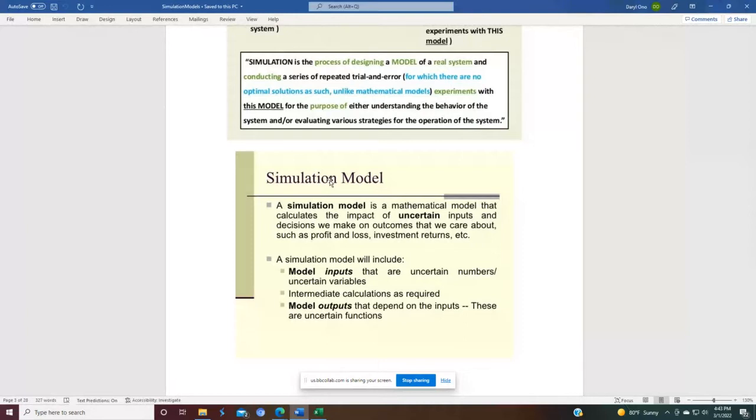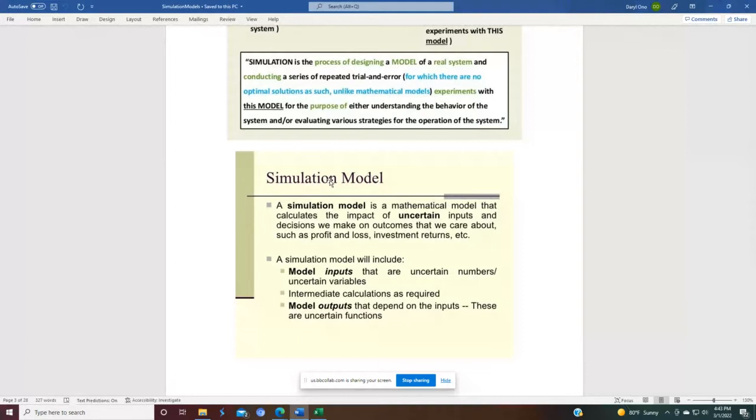Basically, what conclusions can you draw because uncertain inputs are being fed into the system? So a simulation model will include inputs that are uncertain numbers or uncertain variables. And we'll try an experiment like that today.